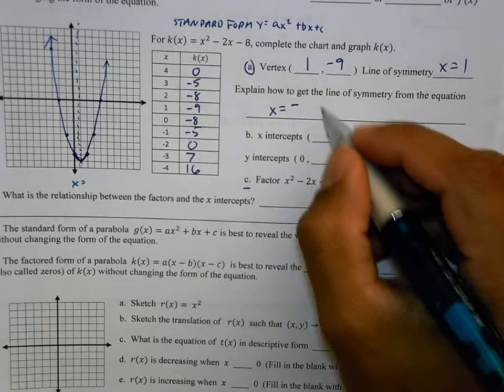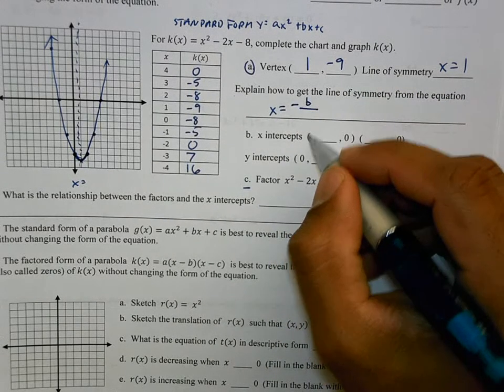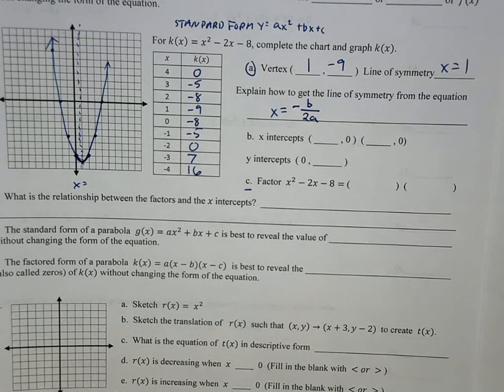Negative b over 2a. If you've forgotten, the formula to find the line of symmetry from the equation is x equals negative b over 2a.